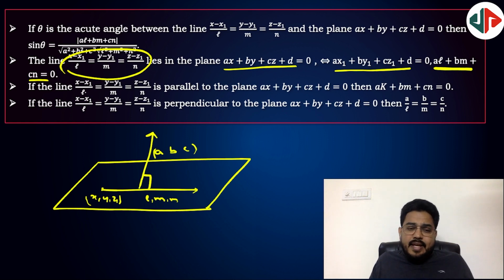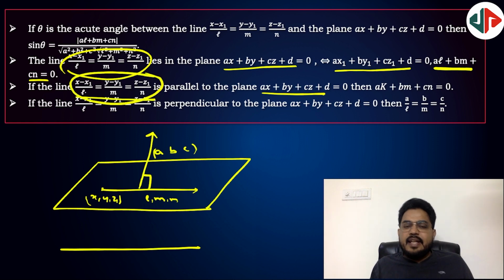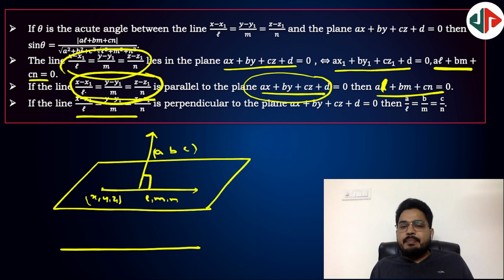And this is the plane, and a line is said to be parallel to the plane. That means the dot product of the DRs of the line and the normal of the plane should be zero, mutually perpendicular. This is L. There are little typo errors in the place. And a line is perpendicular to the plane means the line should be parallel to the normal of the plane.